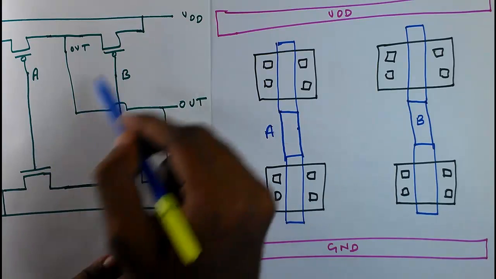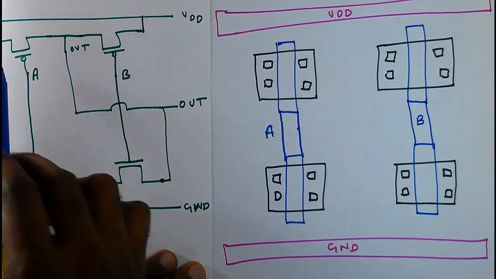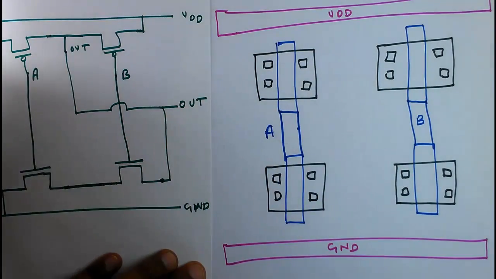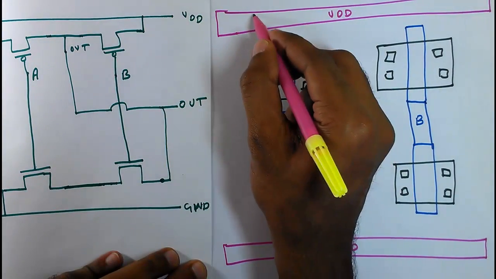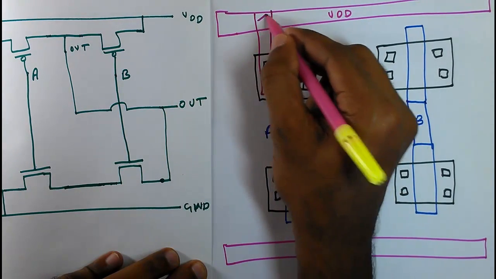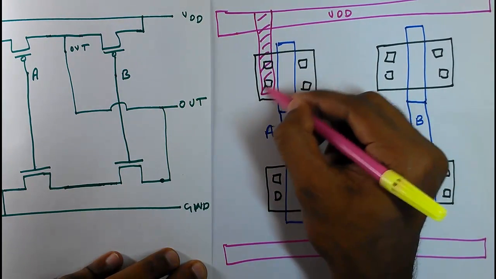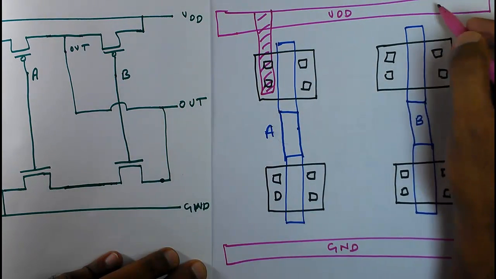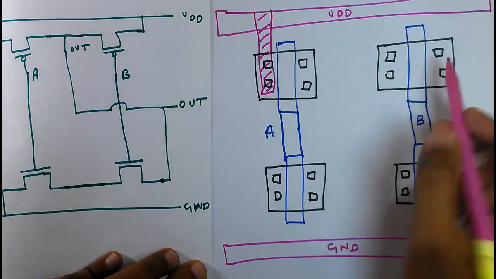Now these two connections are over. Now we have to connect the drain of this MOSFET to the VDD. For that I am using metal 1. So the drain is connected to VDD. Similarly, the drain of this MOSFET is also connected to VDD.